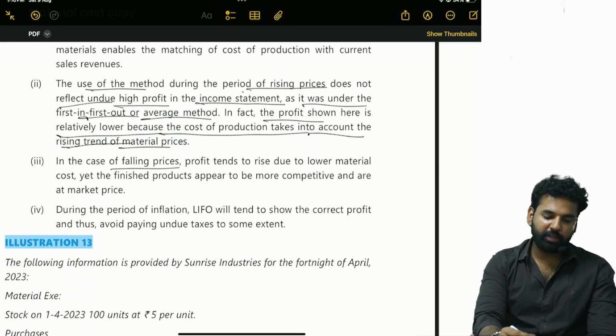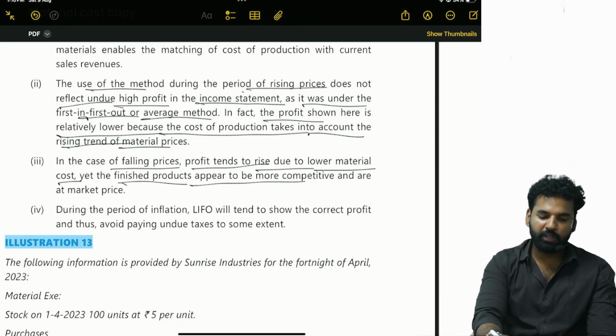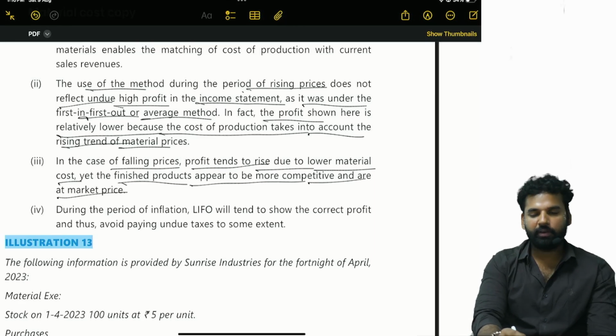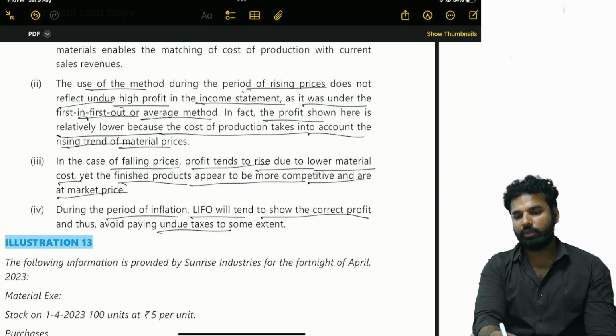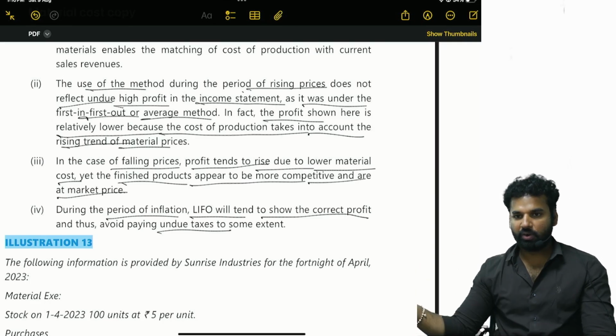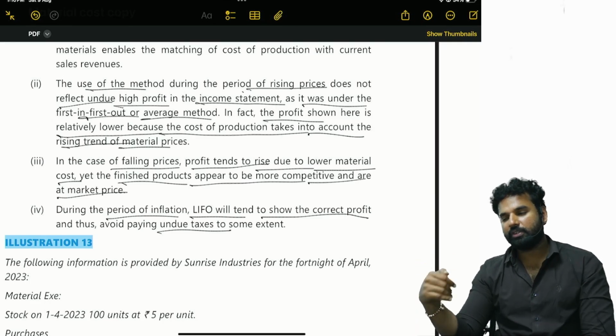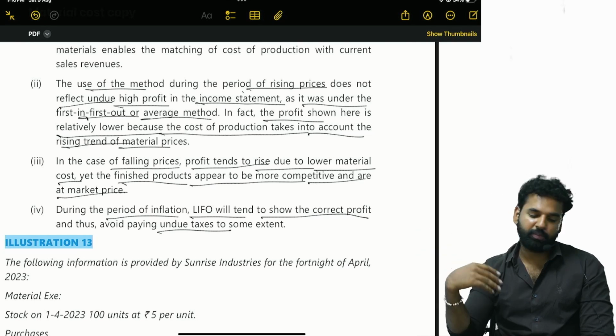In the case of falling prices, profit tends to rise due to lower material cost. Yet the finished products appear to be more competitive and are at a market price. So during a period of inflation, LIFO will tend to show the correct profit and correct taxes. If not inflationary, and there is a declining trend, then in such cases it will show slightly higher profits.